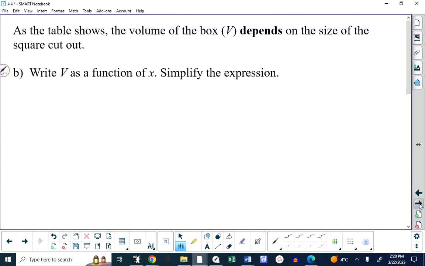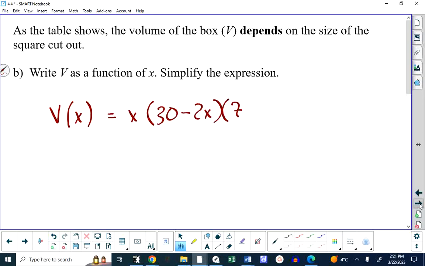As the table shows, the volume depends on the size of the square cut out. Write volume as a function of x. Well, volume as a function of x is equal to x times 30 minus 2x times 74 minus 2x. I don't know what you remember from Math 30-1. This is probably about 5 months ago for polynomials from last semester.